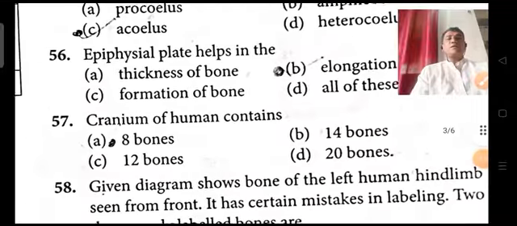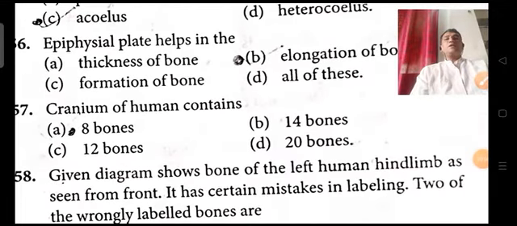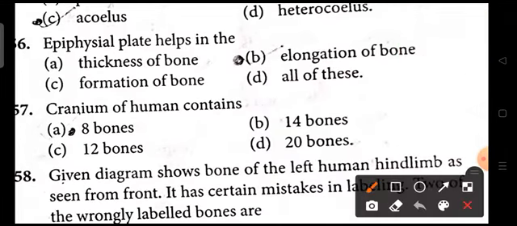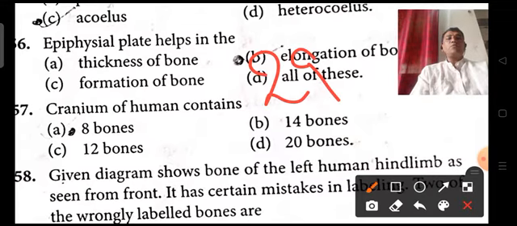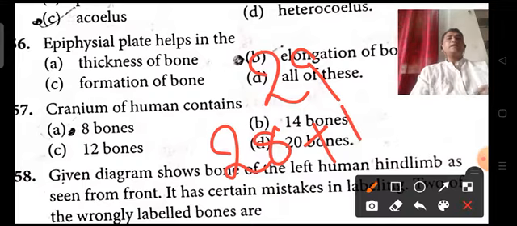Next, the human head consists of how many bones? Already you know that the human skull consists of 29 bones, that is 28 plus 1, where one is the lower jaw.